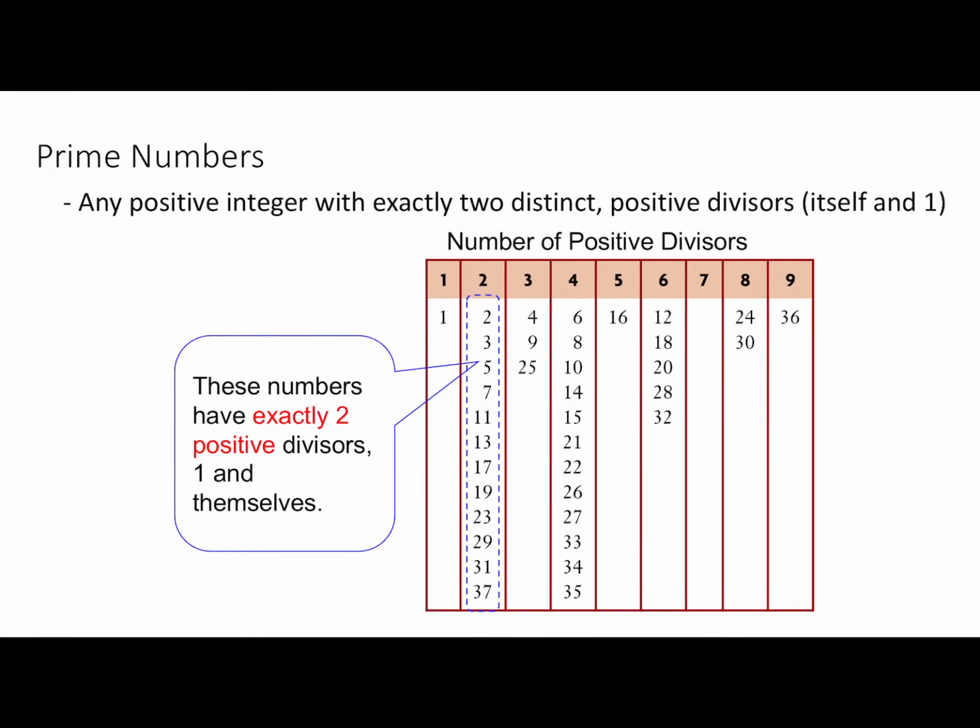A prime number is a number that has exactly 2 distinct positive divisors, itself and 1. The number 1 is not prime, but everything in this 2 column is prime. These are exactly the numbers that have 2 divisors, itself and 1.